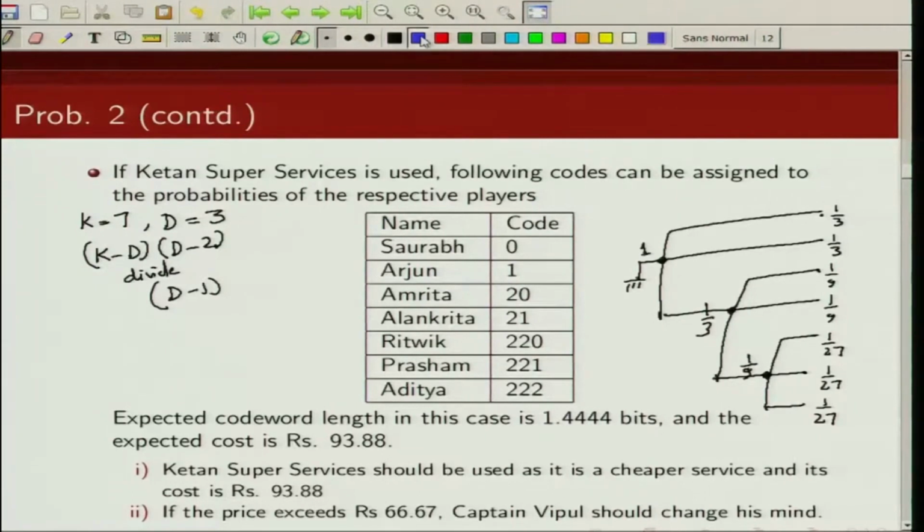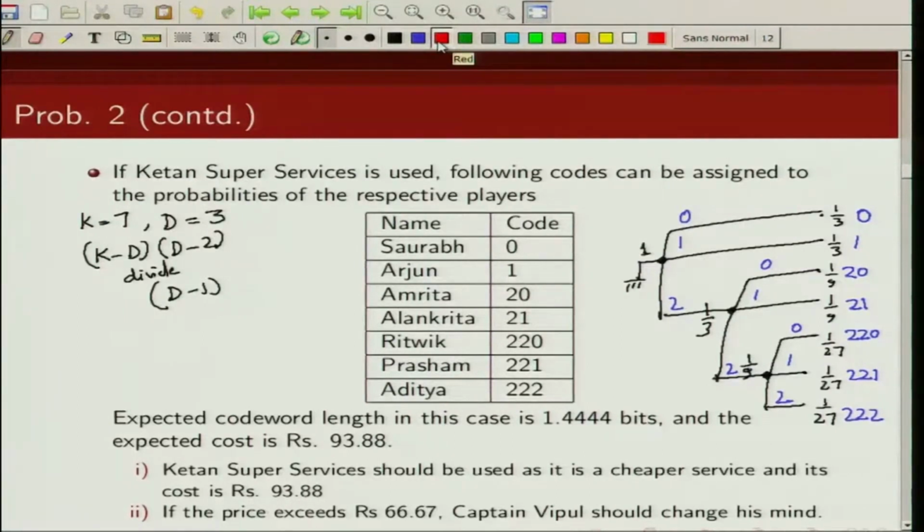And if we assign 0, 1, 2 to these branches, I get the code corresponding to this is 0, code corresponding to this is 1, code corresponding to this is 2 0, this is 2 1, this is 2 2 0, 2 2 1 and 2 2 2. So again I can find out the expected code word length using path length lemma.